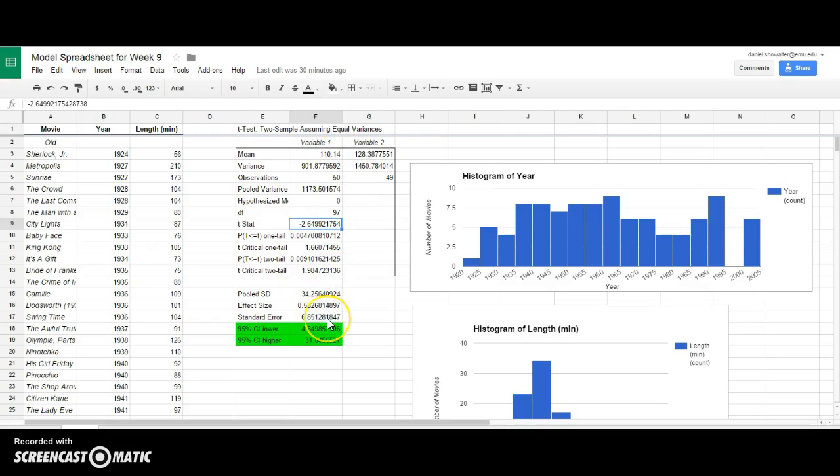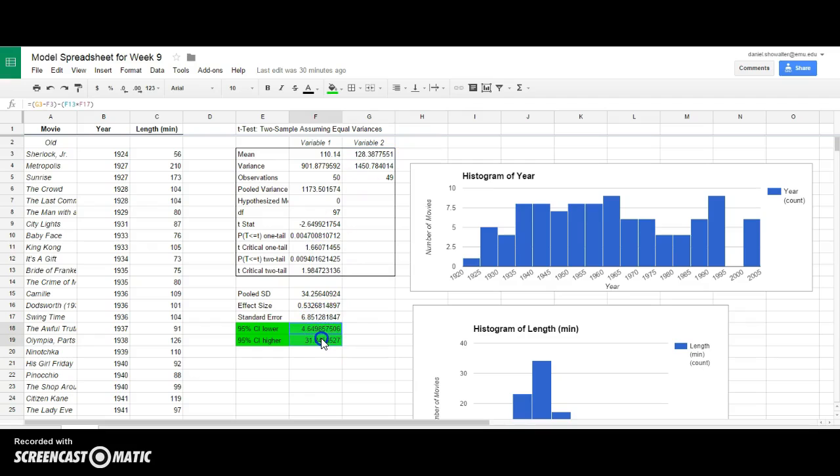Okay, so the standard error is 6.85 minutes, and we have 2.65 of those standard errors below, and we really only needed to be 1.98 of those standard errors below. This one needed to be that many standard errors below or above this one in order to get a significant test result, which we did.